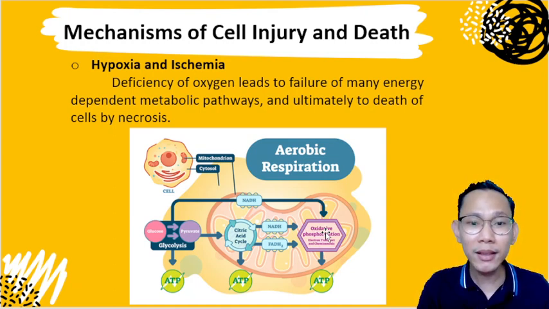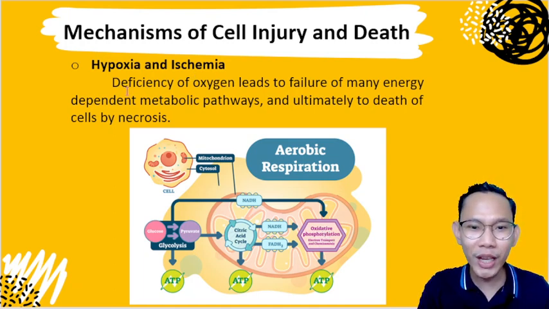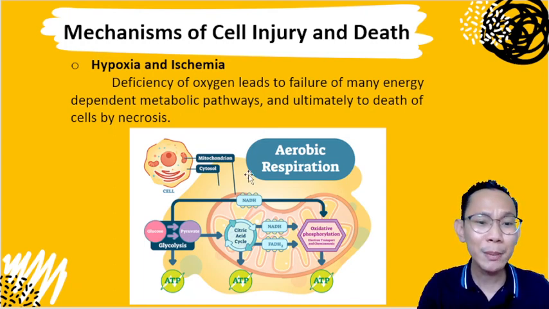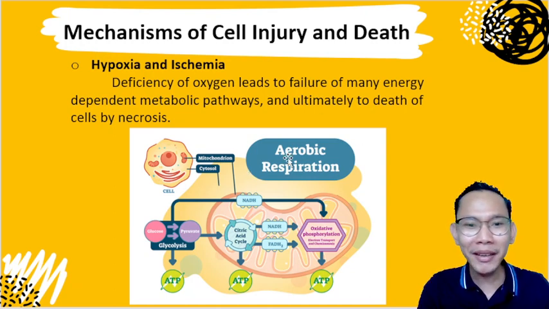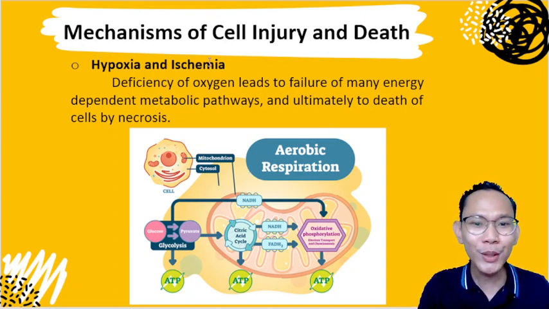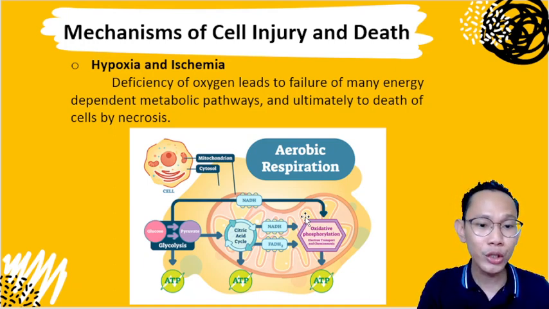That's why if we have deficiency of oxygen, pag wala tayong oxygen, magkakaroon pa ba tayo ng aerobic respiration? Of course, wala nang aerobic respiration kasi nga kulang tayo sa oxygen. Your aerobic respiration and your oxidative phosphorylation will require oxygen. That's why if there is persistent or severe hypoxia, anong nangyayari?